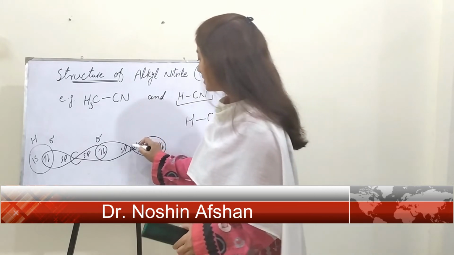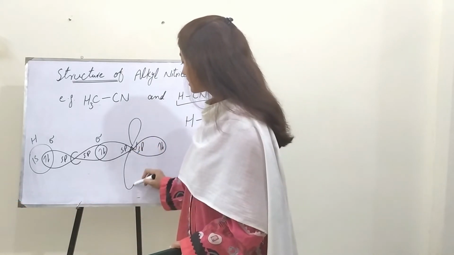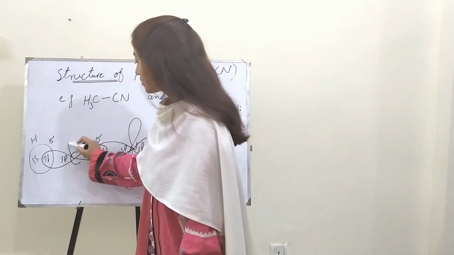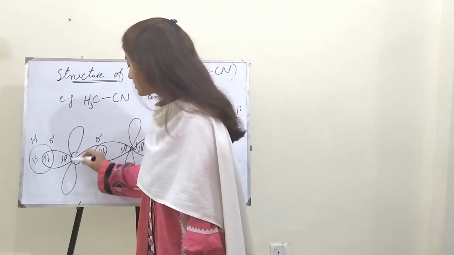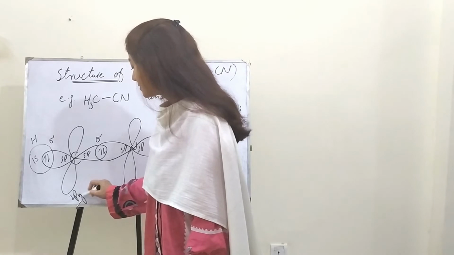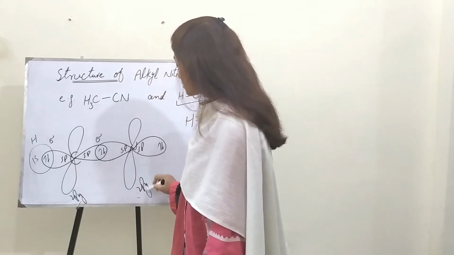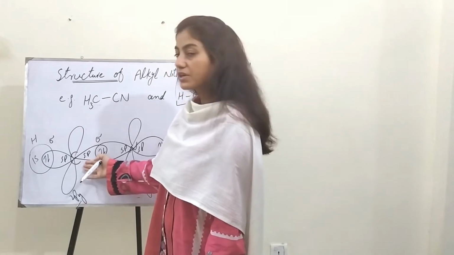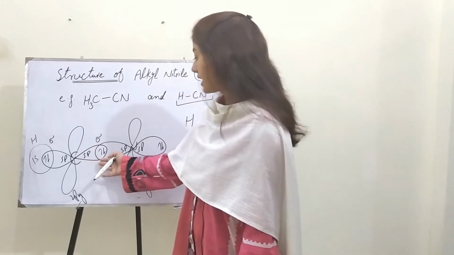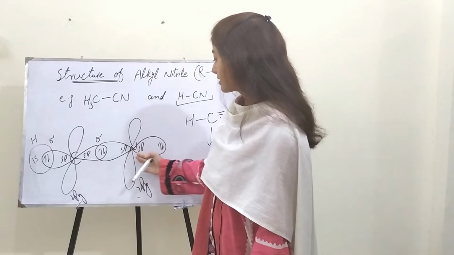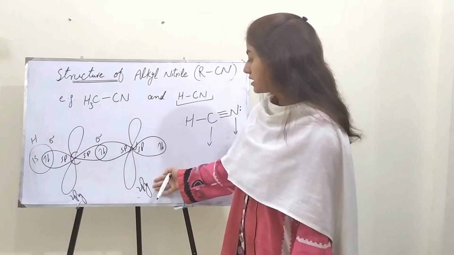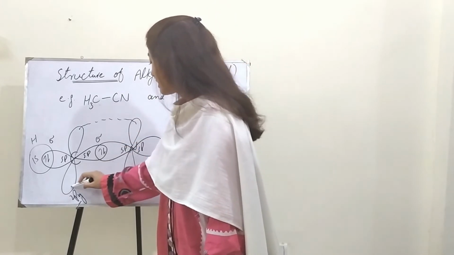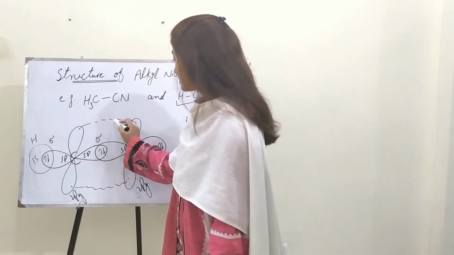The 2py and 2pz orbitals of the nitrogen are still unhybridized, and similarly carbon also has unhybridized 2py and 2pz orbitals. The 2py orbital of the carbon atom would overlap with the 2py orbital of the nitrogen, and in this way a pi bond would be generated.